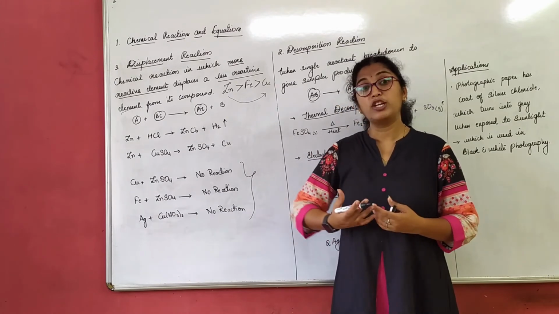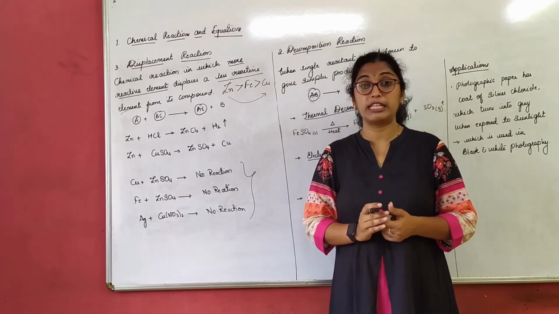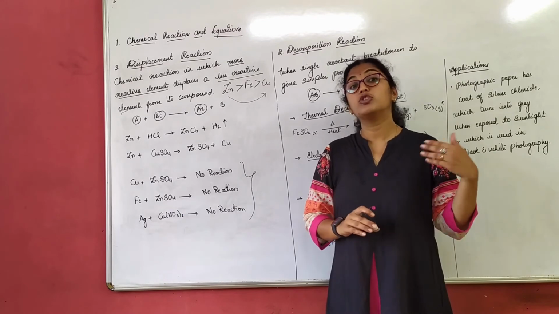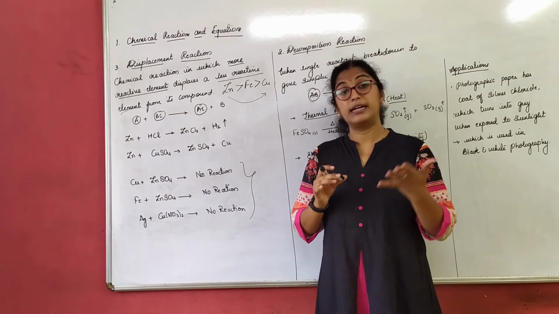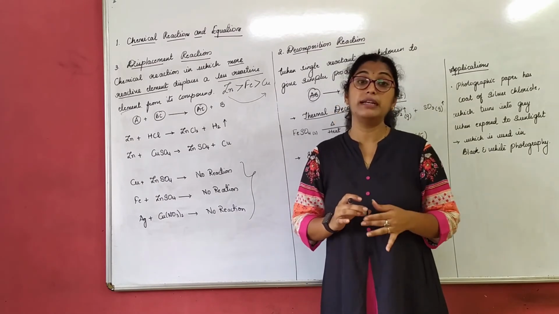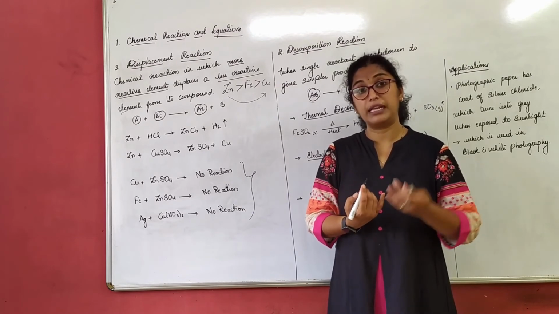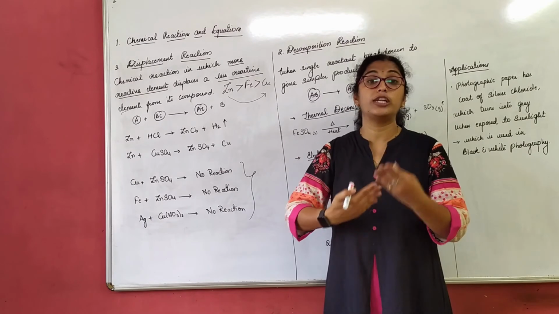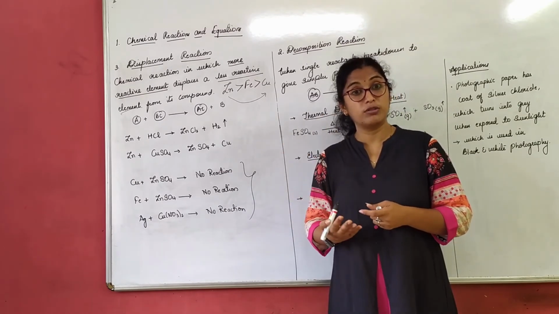Precipitation reactions are all double displacement reactions, which we'll do in our next class. So in tomorrow's class, we will discuss the fourth and last type of reaction, that is double displacement reaction. Here single displacement is happening. In double displacement reaction, what will happen? Mutual exchange of ions will happen. How is it? We'll see that in tomorrow's class.